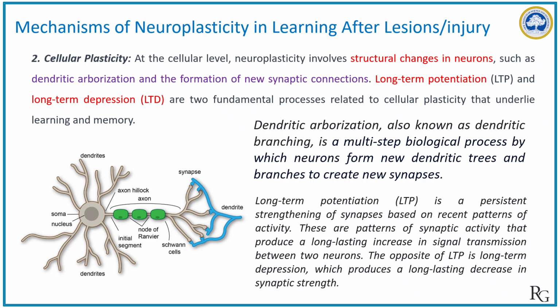Now if we shift from normal learning to recovery after brain or spinal cord injury, things become more complex. Some studies suggest that LTP in the peri-infarct cortex, the region surrounding an injured area, appears to be facilitated.